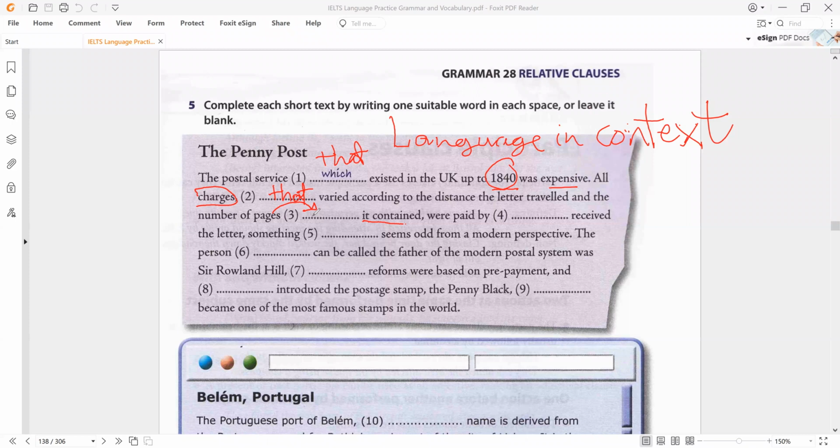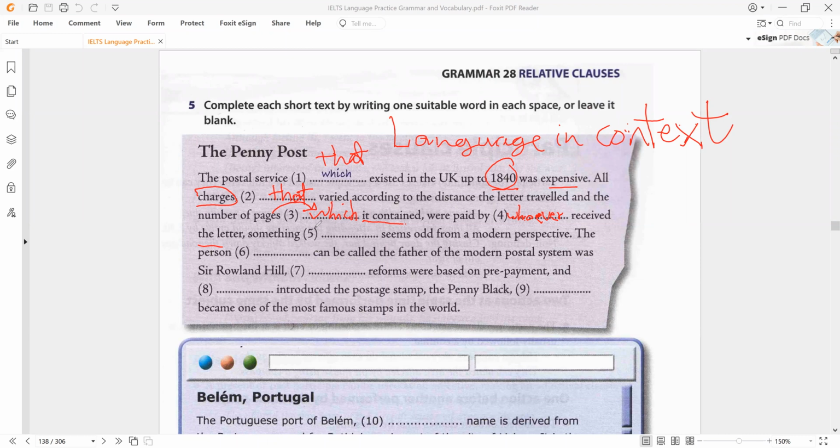Which pages which it contained were paid by whoever, we say whoever is better, received the letter.